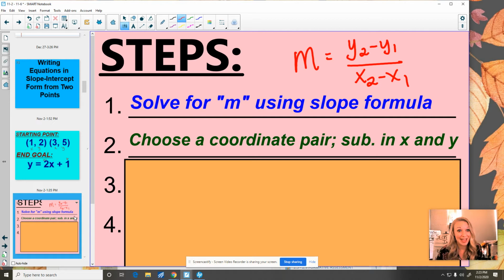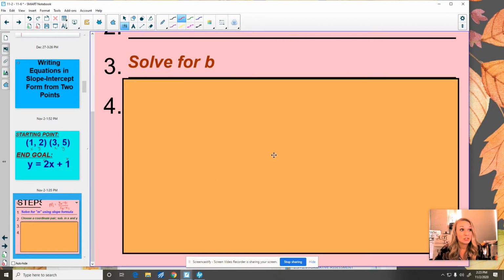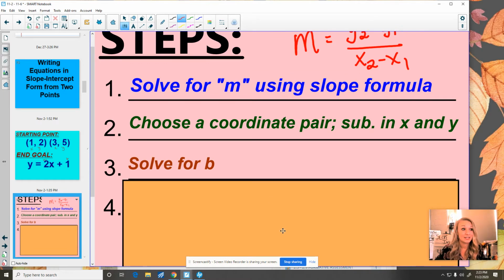All right, so we found m. We plugged in m, and we plugged in an x and y value. You then need to solve for b. So this is your next one. You are solving for b. Okay, and then eventually you'll get b equals some type of value, and you will circle it. You have m, you have b.